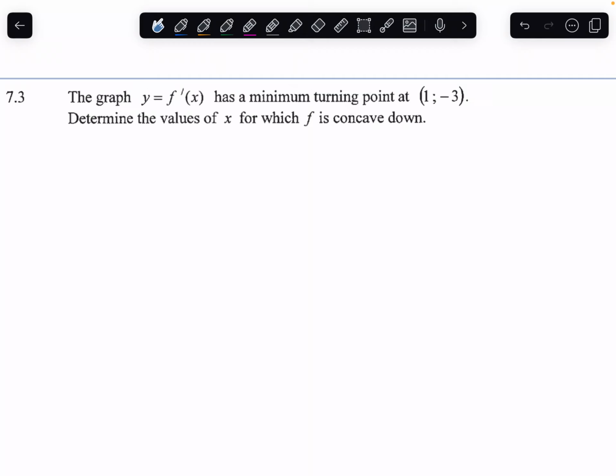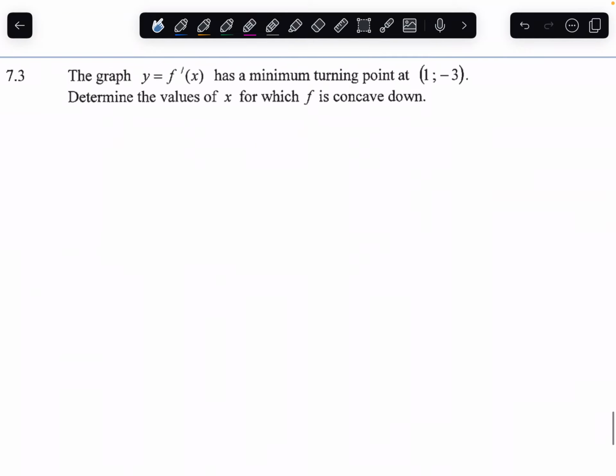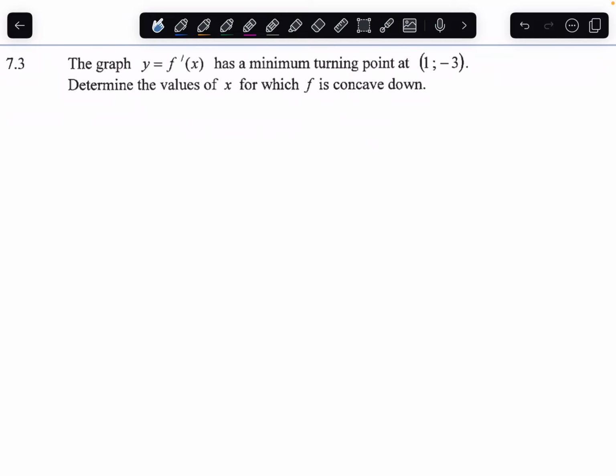Okay, so I think we're being asked to assume that this turning point we've been given is the only turning point that the graph has. So essentially then it's a parabola of some kind.